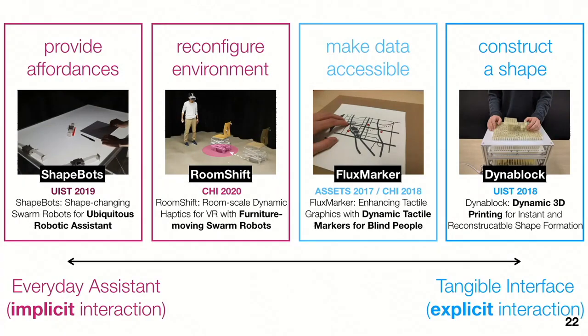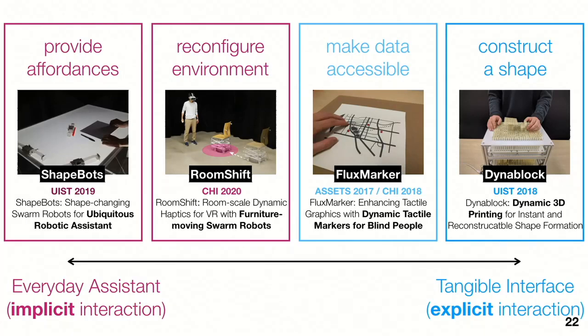During my PhD, I have explored applications that range from using these swarm robots as an everyday assistant to using them as tangible interfaces. For example, one of my works uses swarm robots to provide physical affordances to augment our everyday environment.